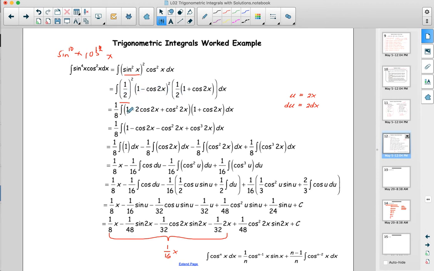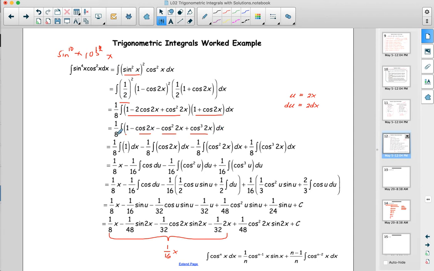Expanding here, I get 1 minus 2 cos 2x plus cos squared 2x, and then leaving that piece alone. And then another expansion. A trinomial times a binomial, you'll end up getting to here: 1 minus cos 2x minus cos squared 2x plus cos cubed of 2x dx.